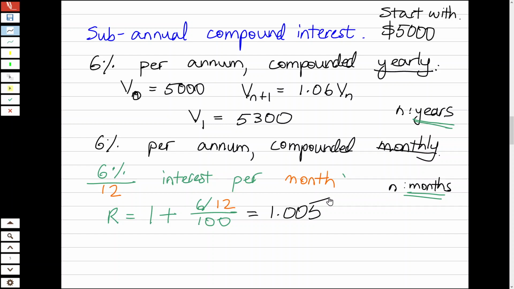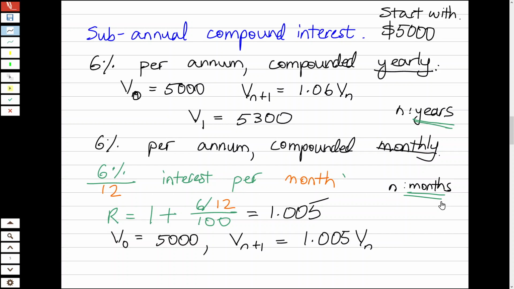Yeah, okay. Now, let's watch what happens if we do this for 1 year. I've set up my recurrence relation, V naught equals 5,000, Vn plus 1 equals 1.005 Vn, but please note that n is now representing months.